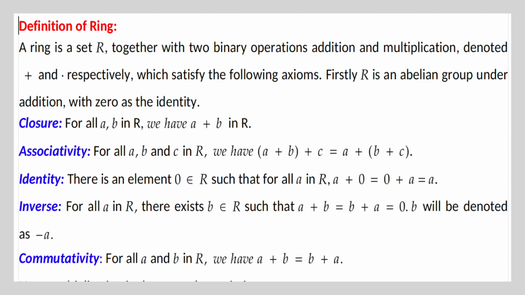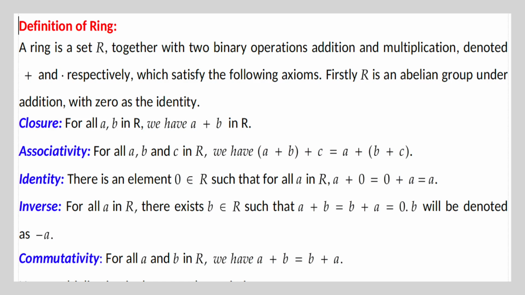For all a, b in R, we have a + b in R. Associativity. For all a, b and c in R, we have (a + b) + c = a + (b + c). Identity. There is an element 0 belonging to R such that for all a in R, a + 0 = 0 + a = a.